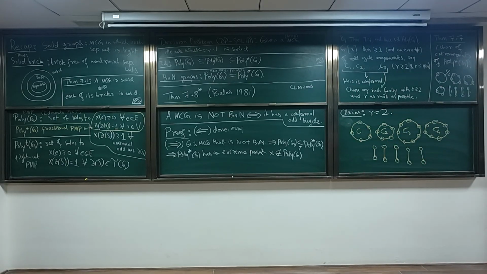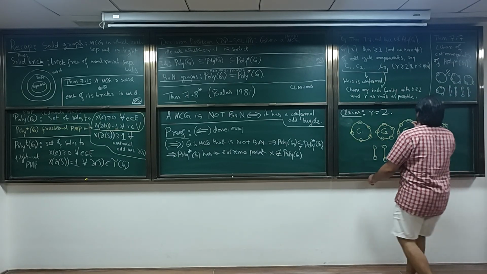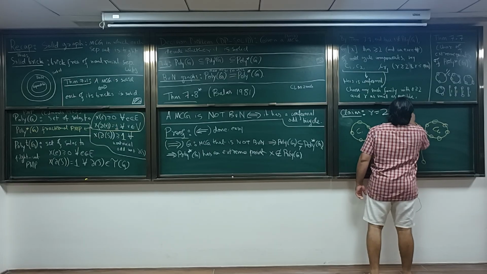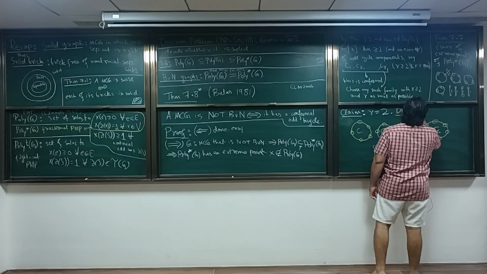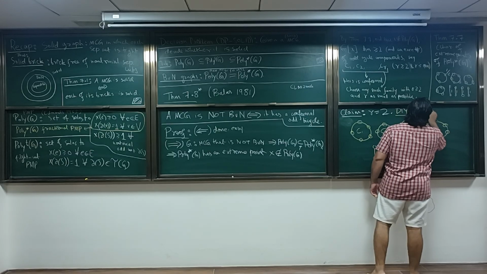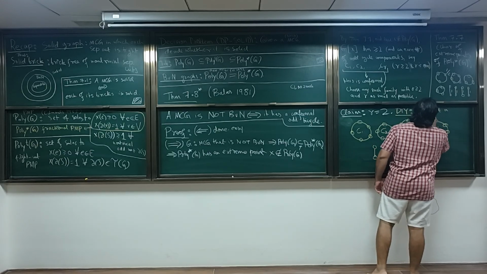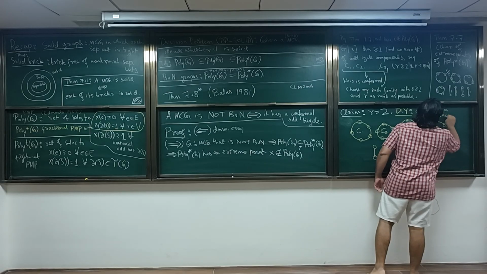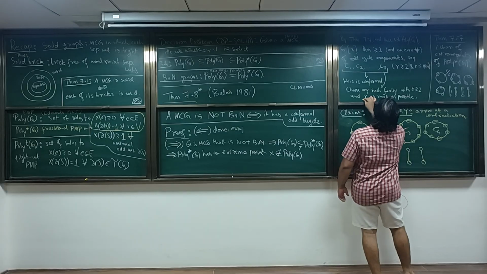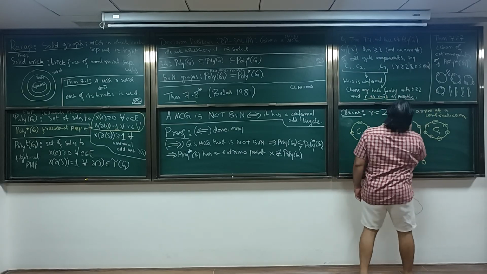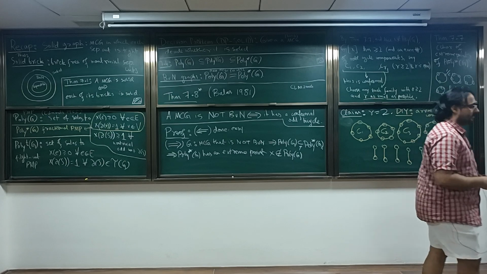At this point, do it yourself, and I will come around and talk to you. Arrive at a contradiction to the fact that R was chosen to be as small as possible.